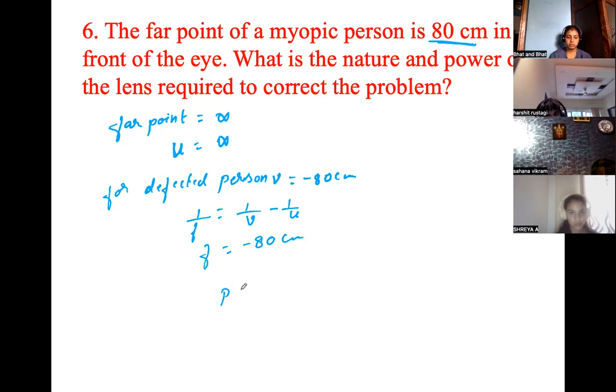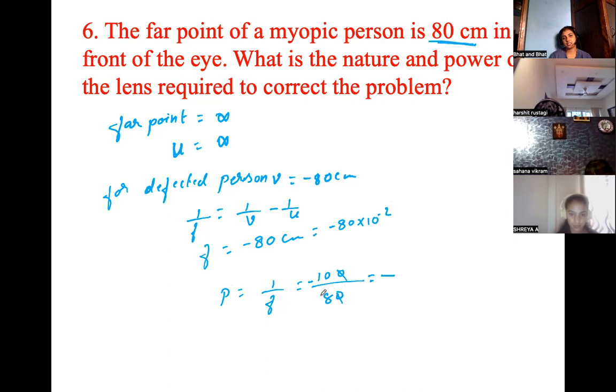Now how much is power then? 1 by f. So f is in centimeter, so if you convert into meter, you can write it as 100 divided by 80, so minus 100 divided by 80. So you will get the power also in negative sign.